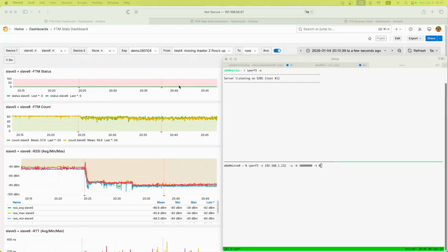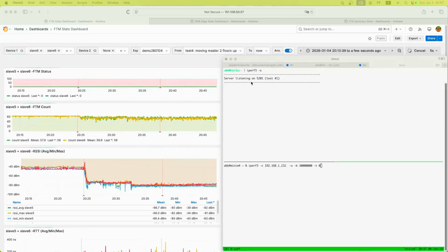On this dashboard, I can see FTM status, which is 0, meaning all FTM sessions succeed. Number of successful transactions on FTM level is less than before because of the signal loss. We can see that it's around minus 80 dBm. And let's see what happens when I start the traffic flood.